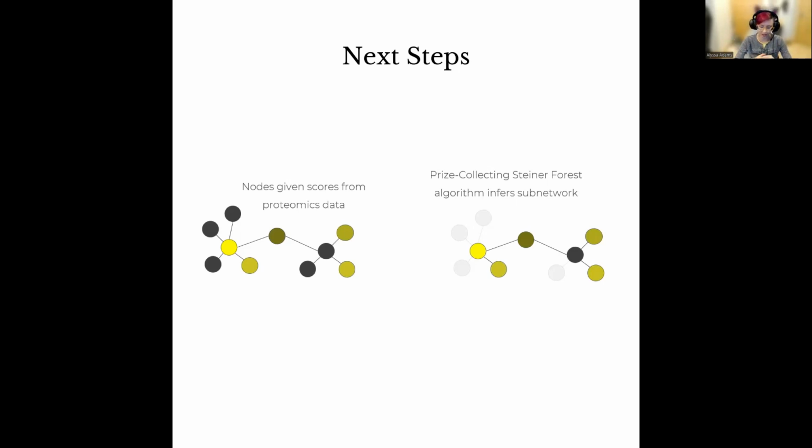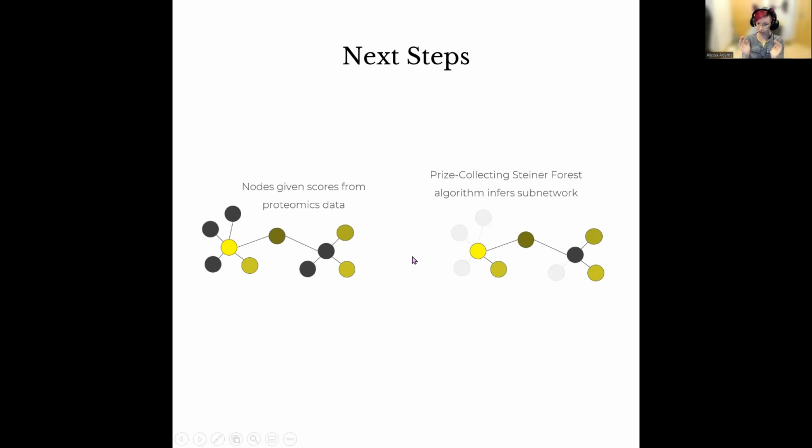So how do we do this? Well, we're going to use proteomics data. During this infection process, does the expression of a particular protein go up, or does it go down? If it goes up or goes down, we give it a high score, like this yellow node here. If it doesn't change at all, then we give it a low score, like this gray node over here.